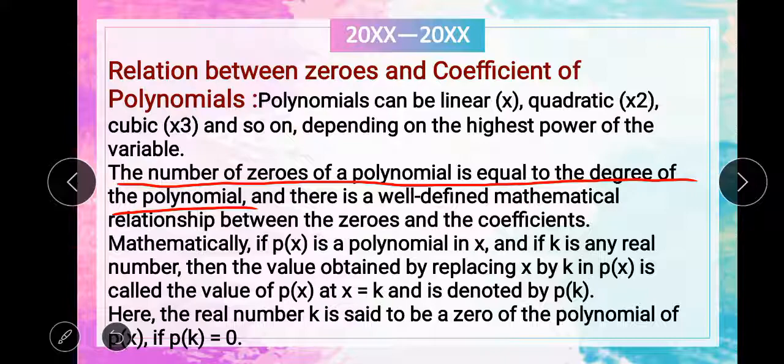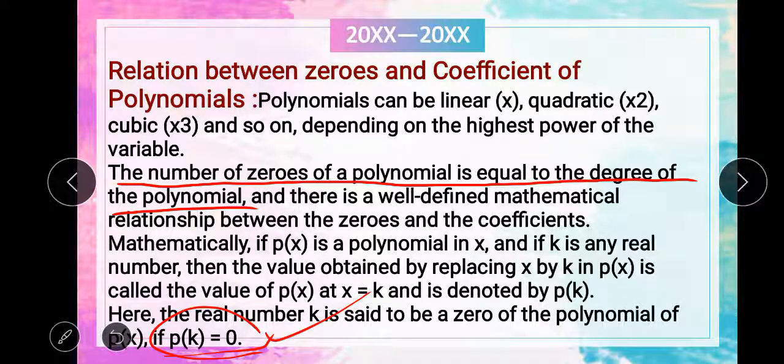Then we write p(k) = 0, where the real number k is said to be a zero of the polynomial p(x) if p(k) = 0.